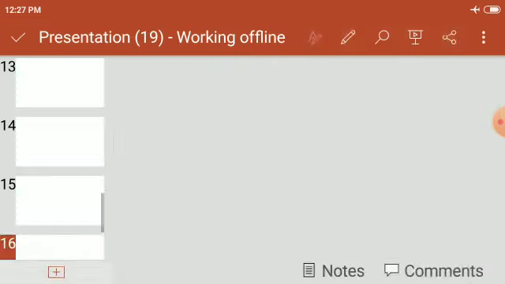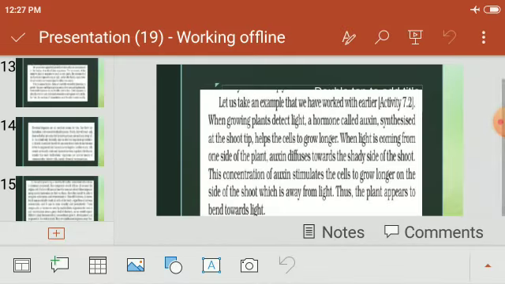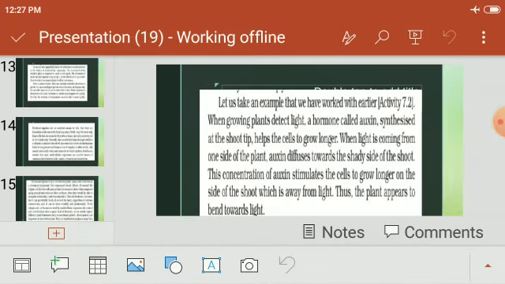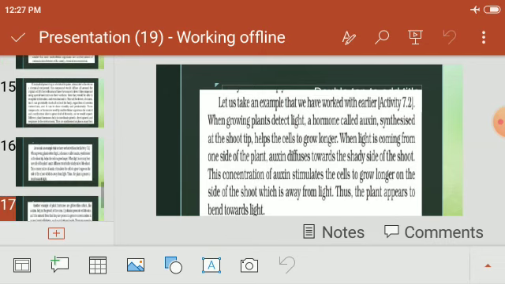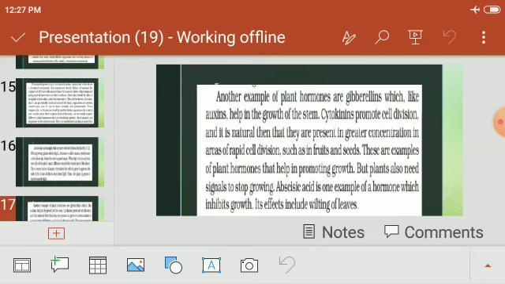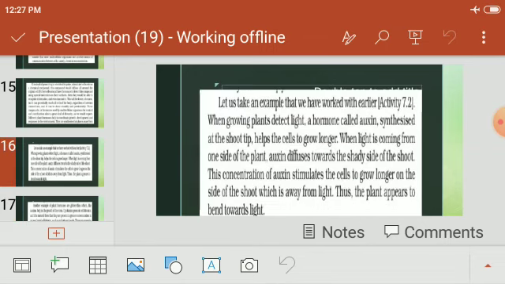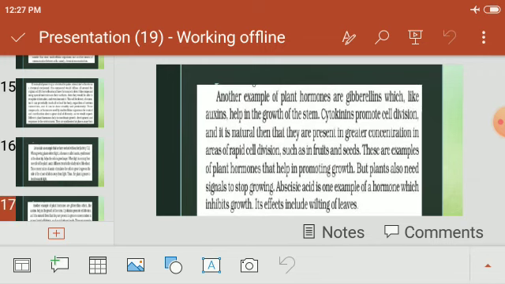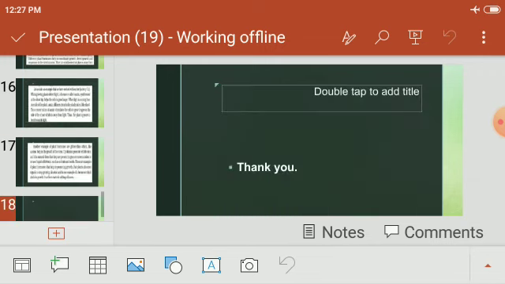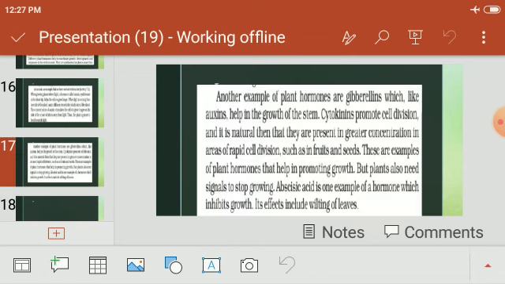It is because of the hormone auxin. Auxin is necessary since it is the reason for that. And cytokinin is necessary for cell division. Like that, hormones have a major role in communication too. That also we will learn.